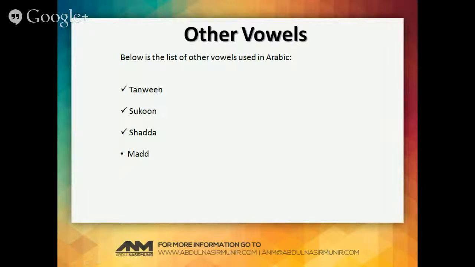But here we are just touching on the definition of these other vowels like tanween, sukoon, shadda and mad, and there are many rules to them. So similarly with mad, we're just gonna have a brief introduction. What is mad, what does it look like and what does it entail?